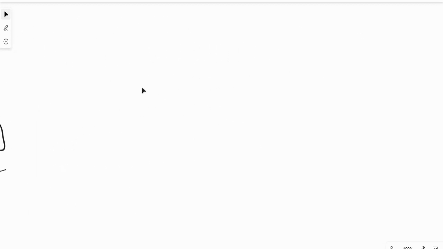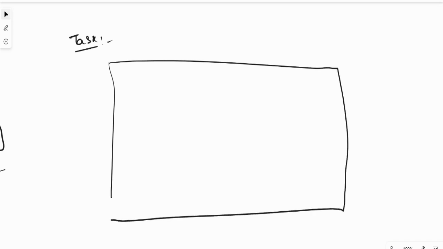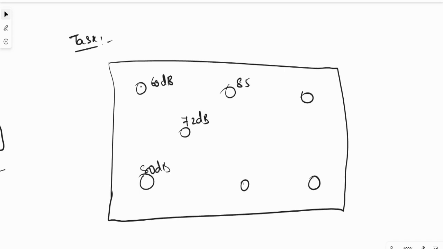Now you can complete this task. Say, for example, there is a very big room, and there are seven pieces of equipment in that room, each generating its own noise level: 60 dB, 72 dB, 80 dB, let's take 85 dB, 105 dB, let's take 101 dB, and 97 dB.